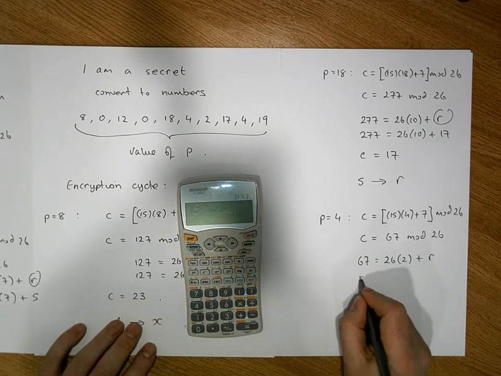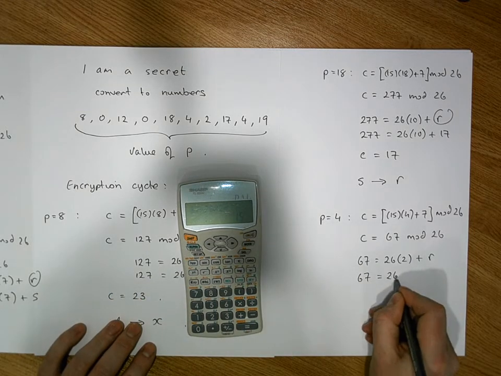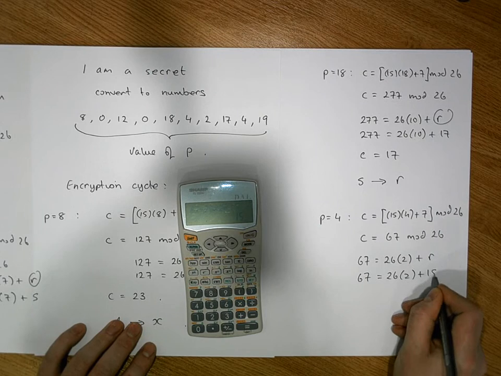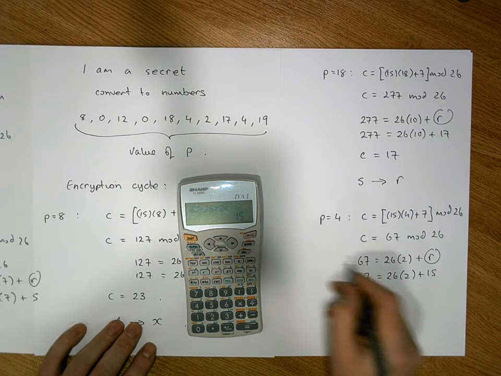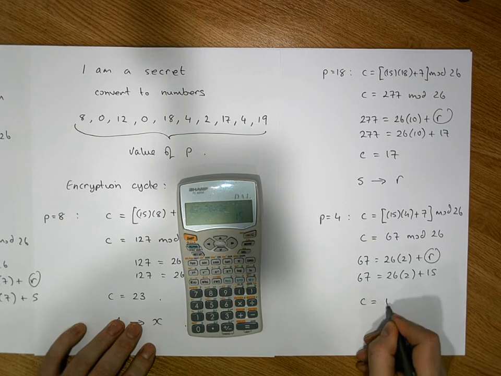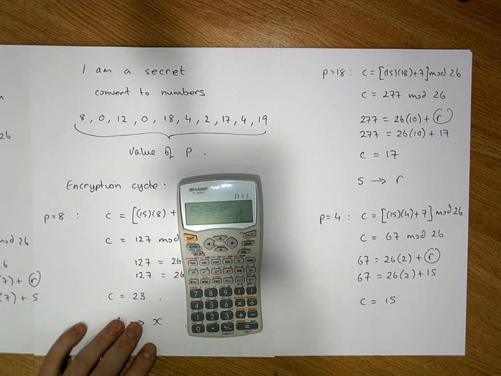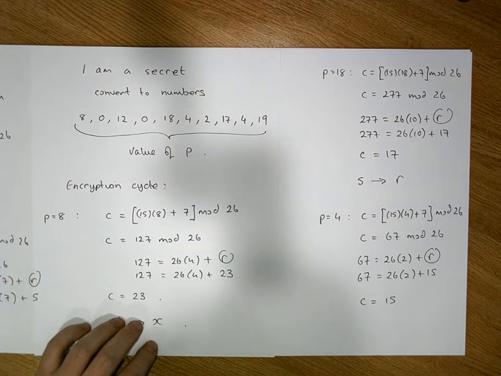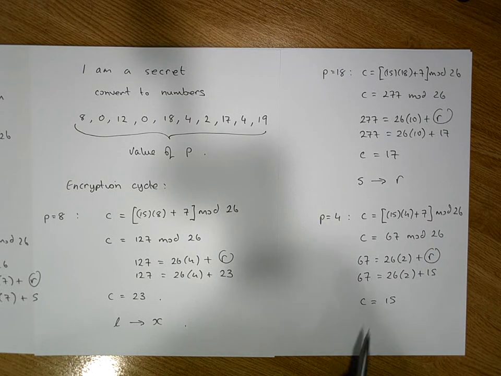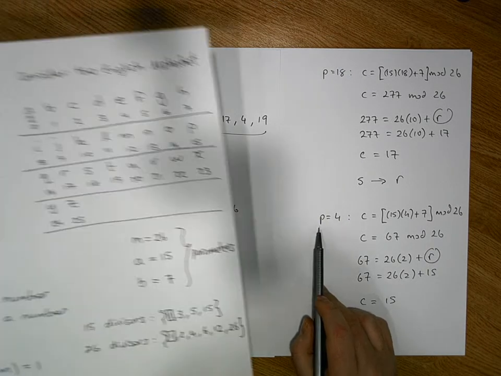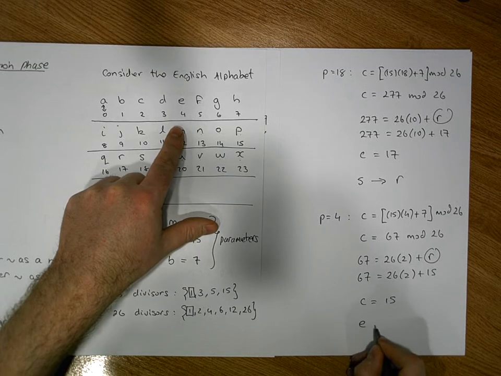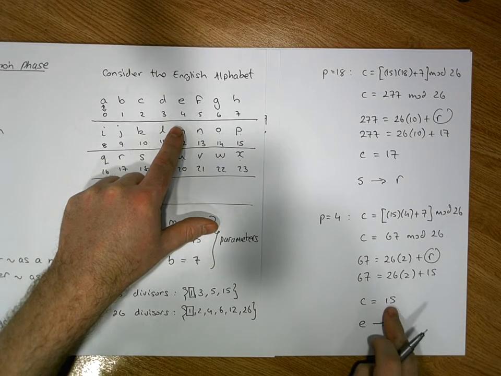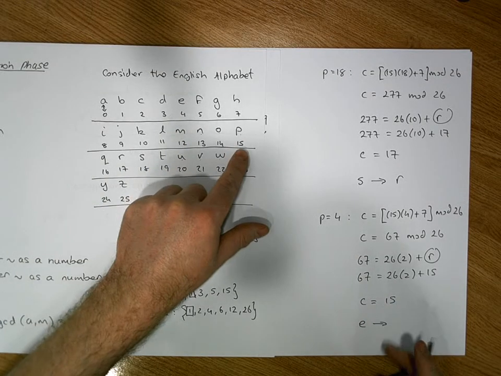So 67 equals 26 times 2 plus 15, and C is equal to 15. The plaintext 4 was the letter E, so E is taken to 15, and 15 represents the letter P.